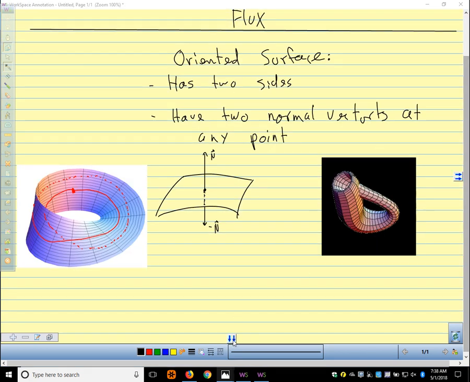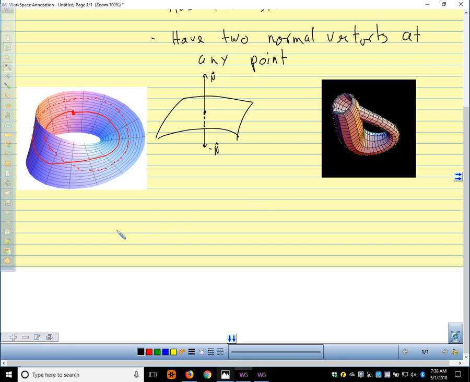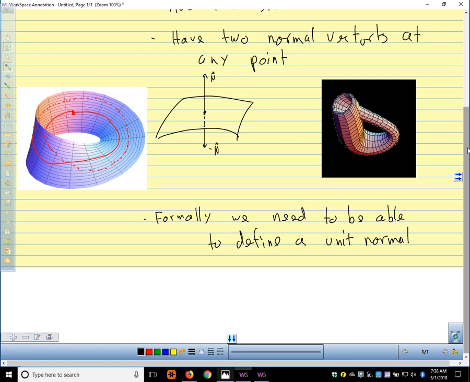So non-orientable surfaces. The technical definition is that for an orientable or oriented surface, we need to be able to define a unit normal vector that varies continuously at every point on the surface.